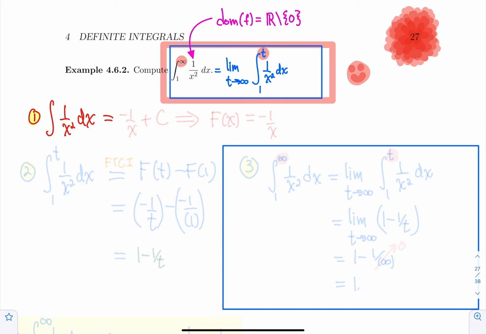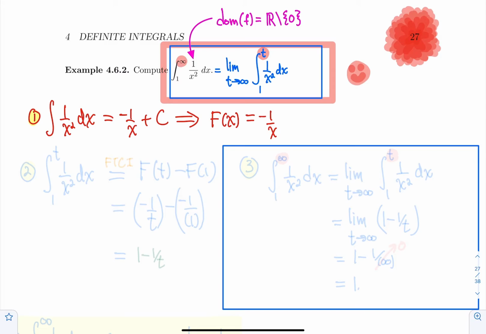So the indefinite integral of 1 over x squared is minus 1 over x plus c. And because we know that we need to use a primitive if we want to use the first fundamental theorem of calculus, you just define one primitive, and the best one is always going to be the one where the c value is equal to 0. So my big F of x is going to be minus 1 over x.